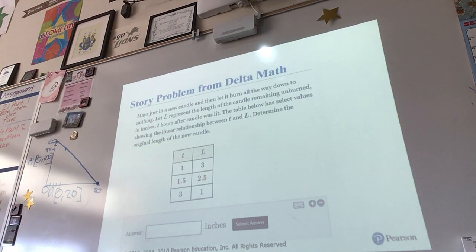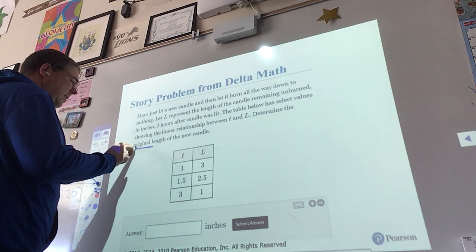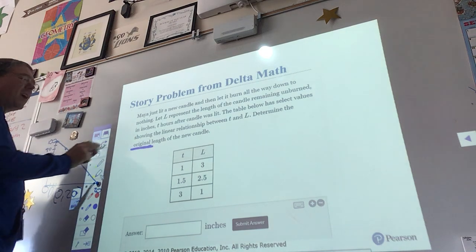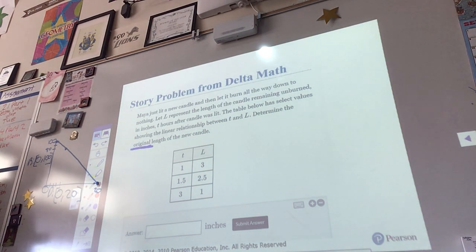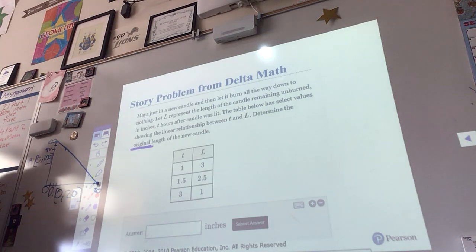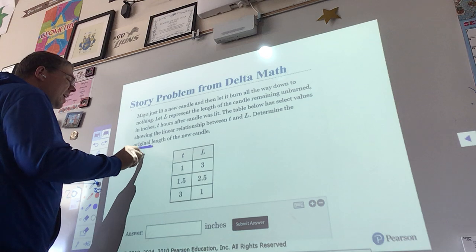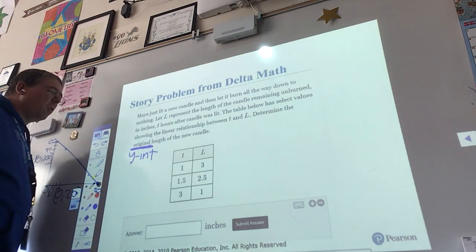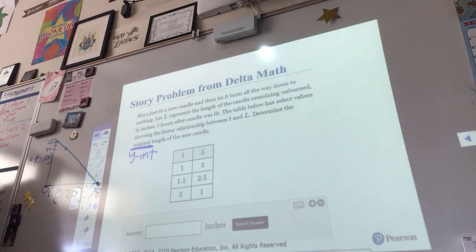If it asks you for where you started, the word starting, initial, or in this case, our keyword is original, anything about starting point, initial, original, that tells you you're looking for a y-intercept. If it asks you for anything about change, then that means it's asking for a slope. This one's asking for a y-intercept.